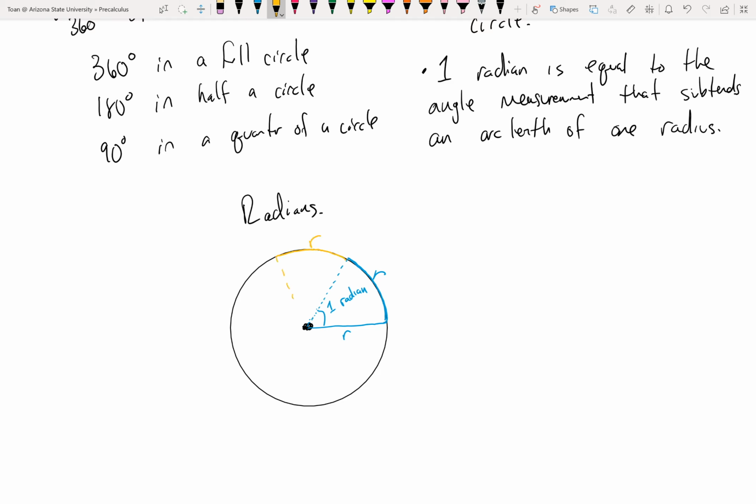So this whole arc in this picture would be 2 radians, and then 3 radians would be 3 radii, 4 radians would be 4 radii, so on and so forth. That's all a radian is. It's just the amount that a radius wraps or covers around a circle.